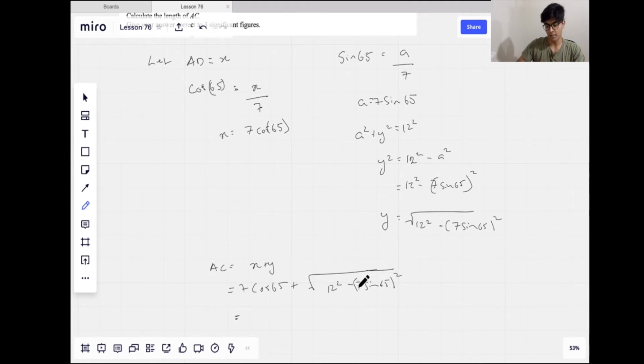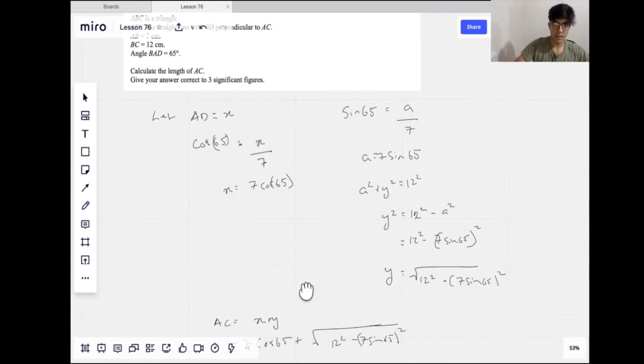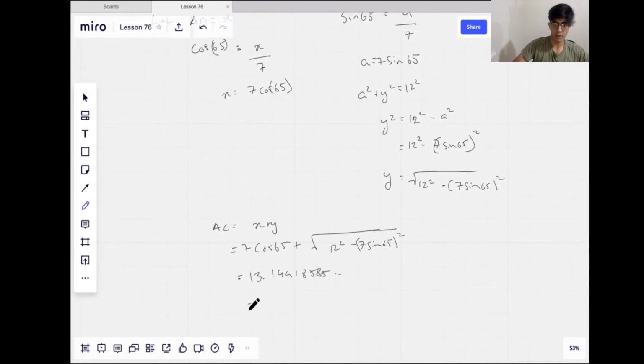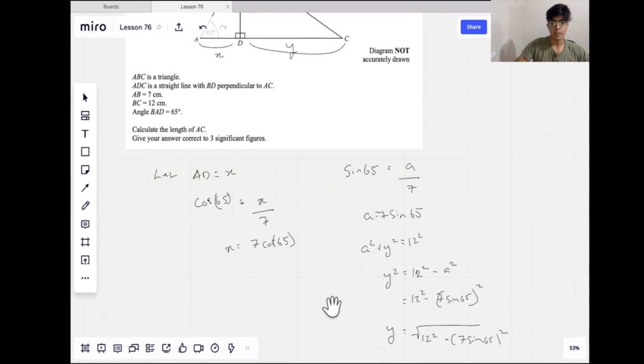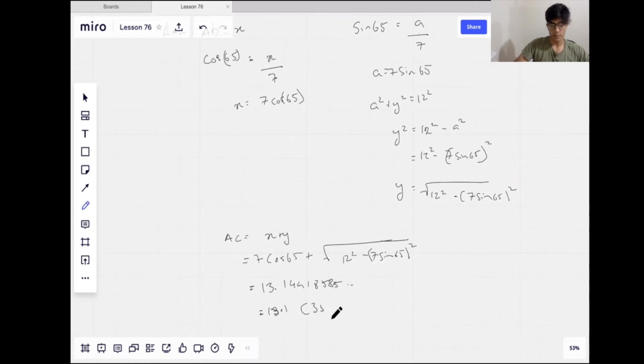And then we get 13.1441858, and so on. We did it to 3 significant figures, so if we round it, that becomes 13.1. And what is this in centimeters? Sorry, that's badly written. 13.1 to 3 SF, centimeters, and that's that done.